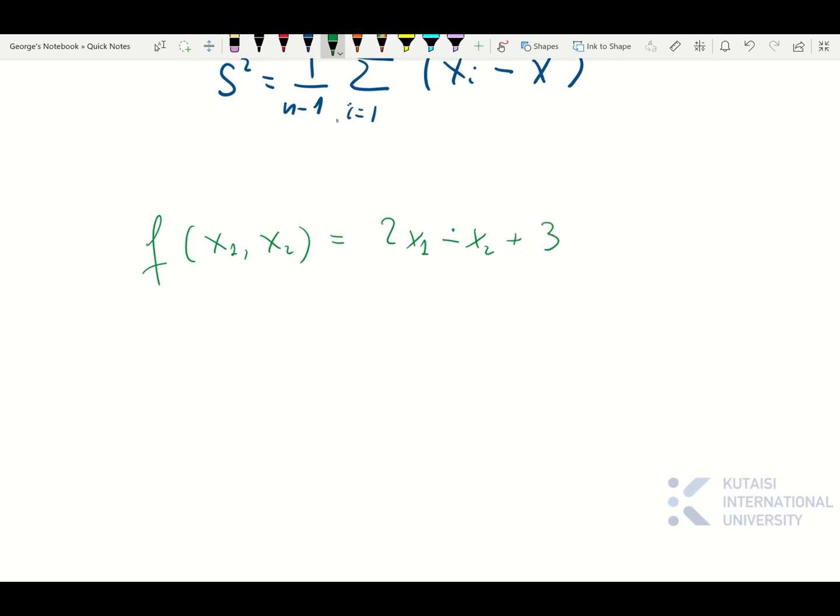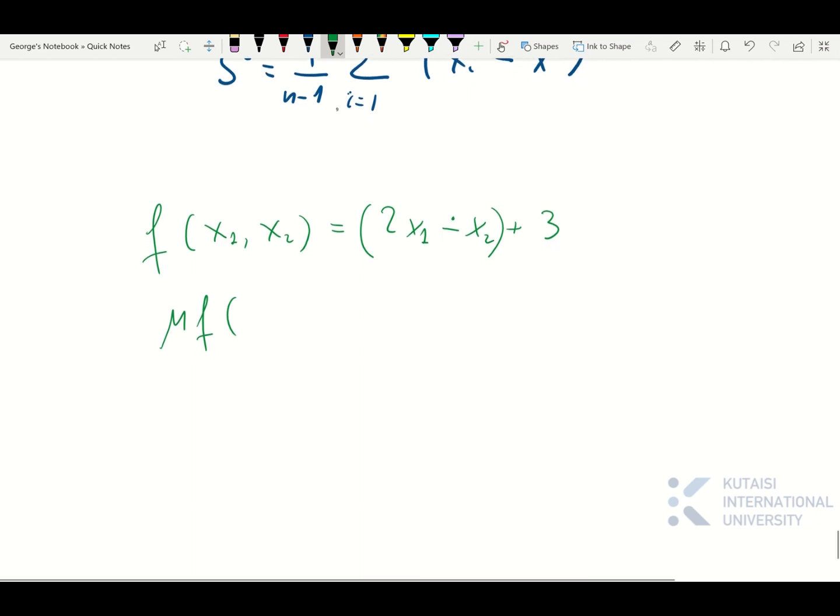So subtract it this way. This is what would be mu f. So mu f is a function of one variable, because this thing is of two variables.